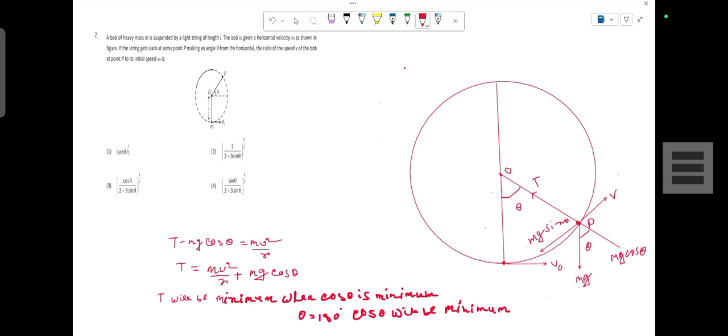Now from here, that is where the tension will be minimum. In this position, T will be minimum.